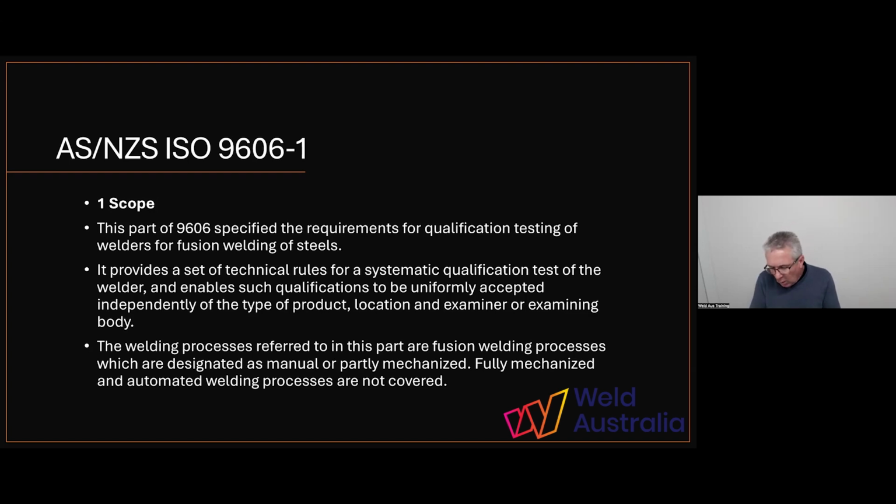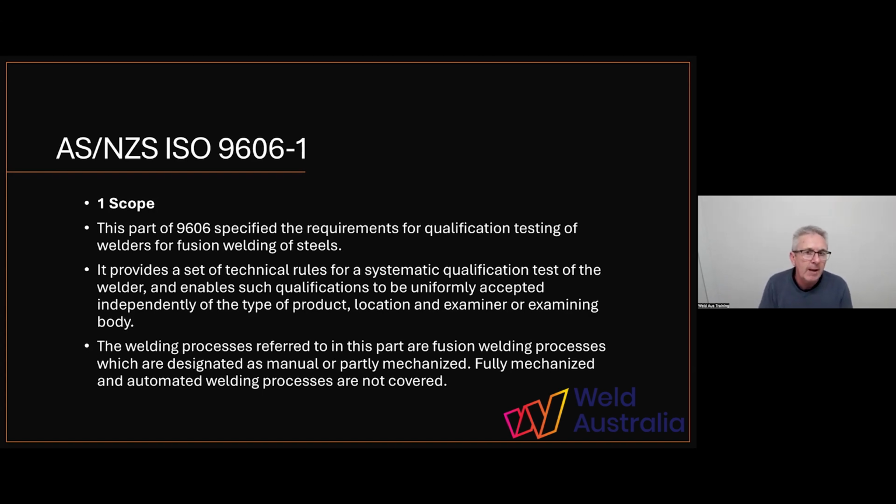Now, what we're seeing at the moment is a lot of companies going down the 9606 pathway. One of the main reasons is the range of qualification it offers, but also the time frame it offers. It works out more beneficial for businesses if your operators are qualified to 9606.